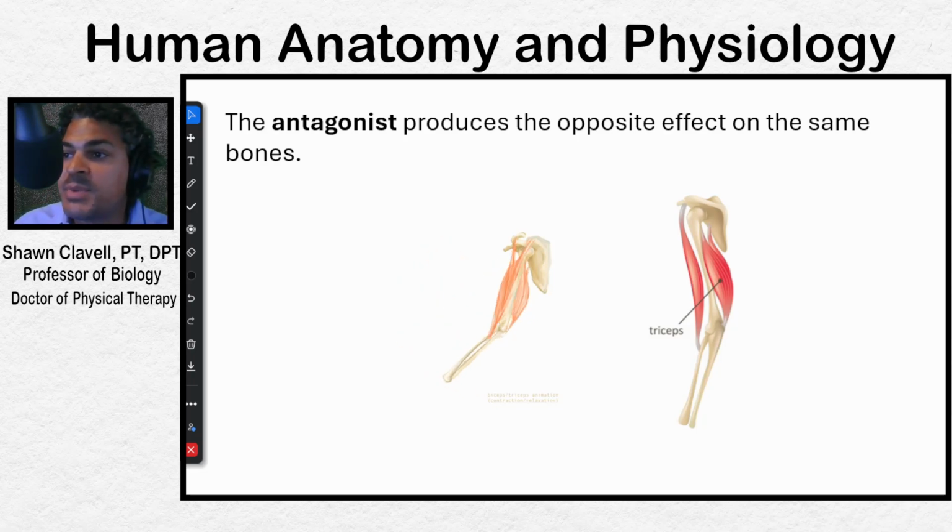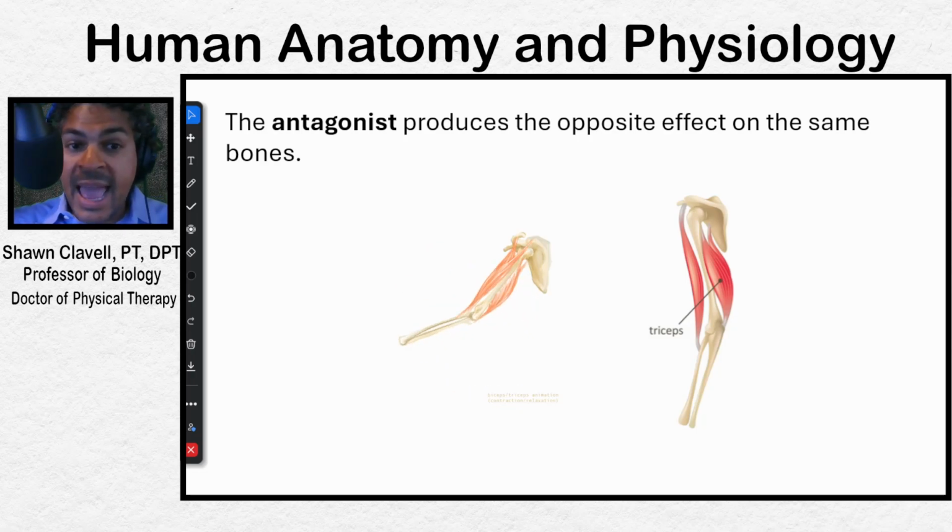We can think of it as the elbow extensor, because it extends the elbow. But we can also consider it the antagonist, the muscle that is relaxed and lengthening when the biceps is contracting. So the antagonist is the muscle that is lengthening and relaxed when the opposite muscle, the agonist, is contracting.